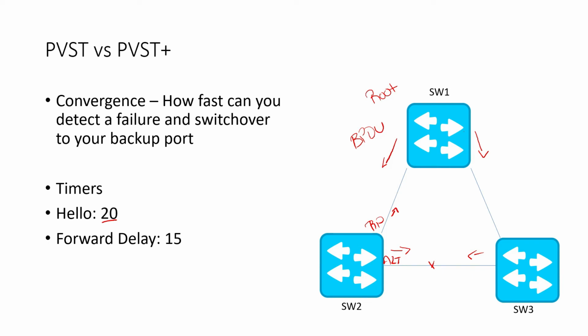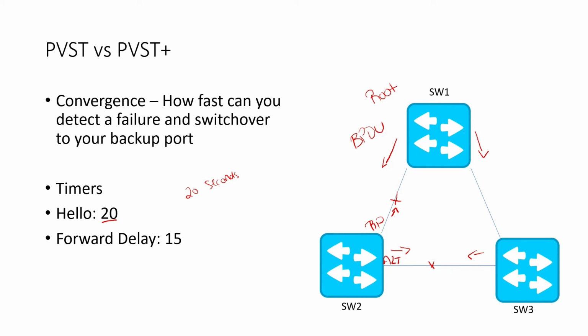So I'm not even going to know that this path is not available for an entire 20 seconds, which is a very long time to be trying to send traffic over a path that's not even available.